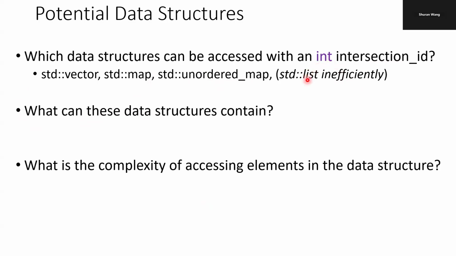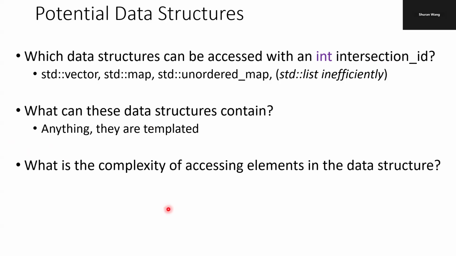And for list, it's inefficient, but you still can use an int. What can these data structures contain? Anything. They're templated so they can contain anything, including a vector of integers.